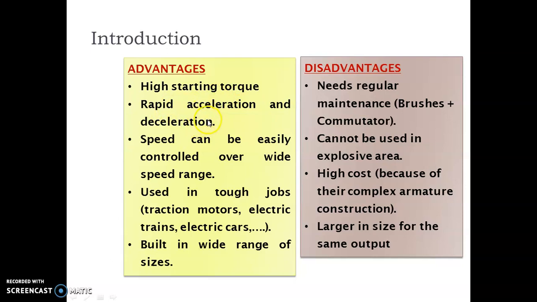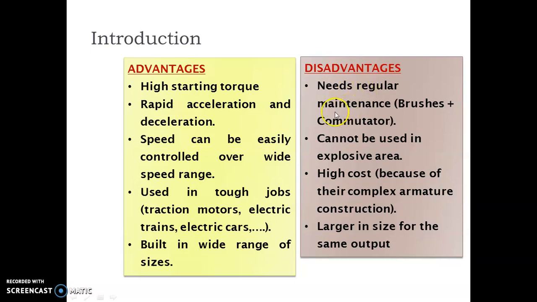Speed can be easily controlled over a wide range, from 0 to rated speed. Used in tough jobs like traction motors, electric trains, electric cars, and built in a wide range of sizes, microwatt to gigawatt.